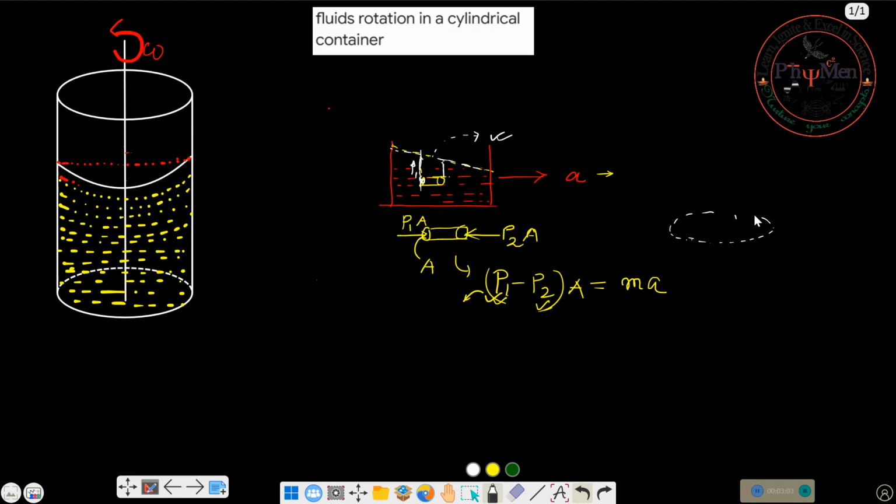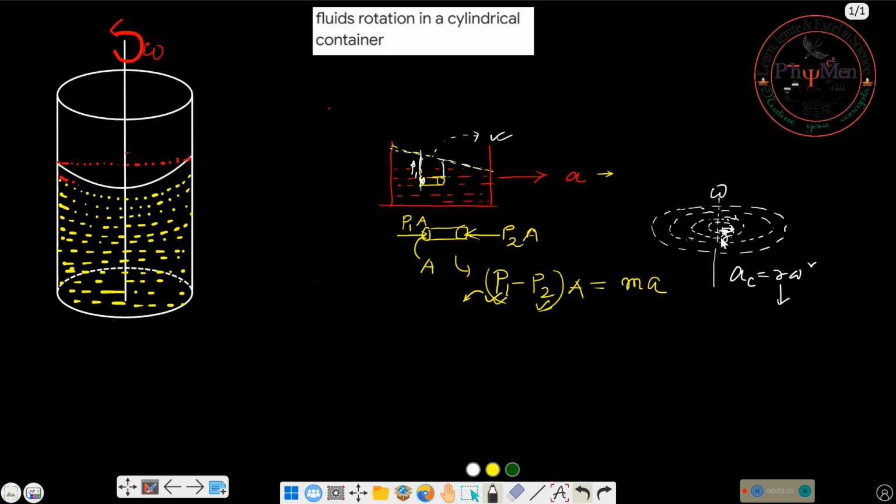When the liquid is rotating, every liquid particle in every region moves in a circle with some angular velocity omega. For an element at a small distance from the axis, it will have a centripetal acceleration of r omega square, which varies with r.